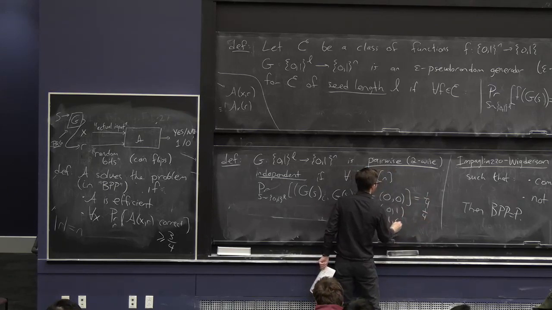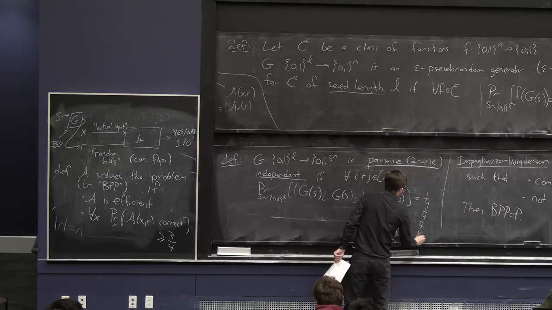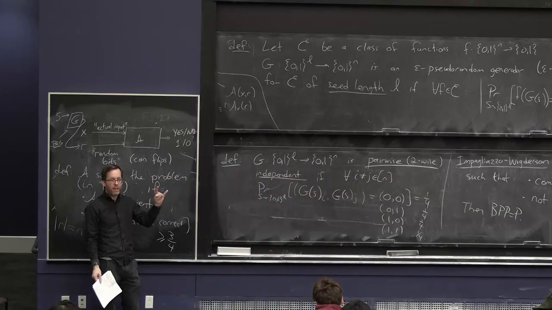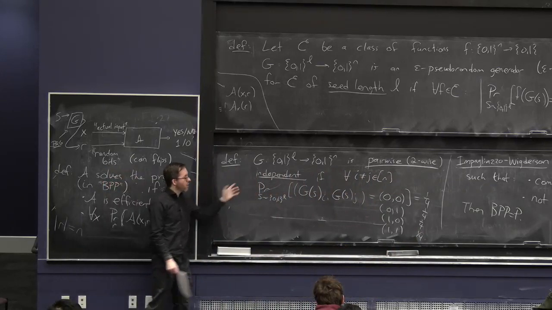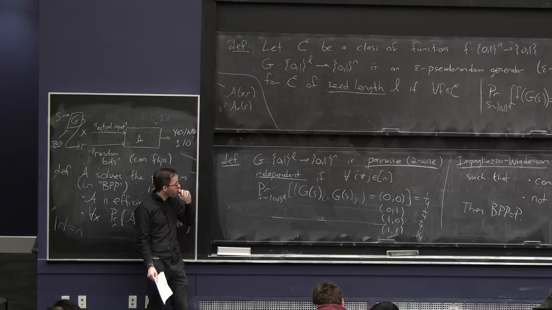So for every pair of indices in the output that you squint at, it looks like the uniform distribution on 2 bits, quarter, quarter, quarter, quarter.